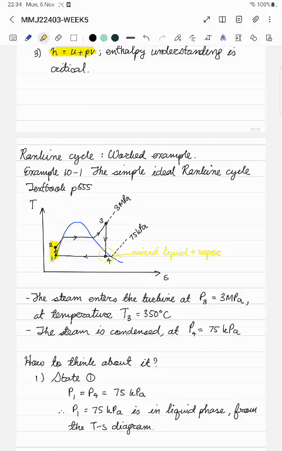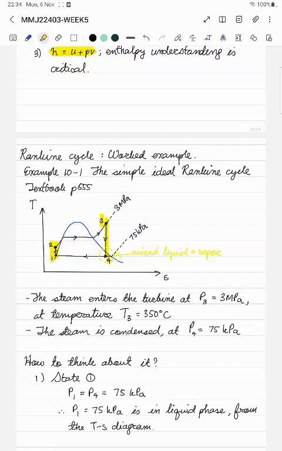It's in the liquid phase, so it's not gas. So you compress the liquid, and then there's a heat addition from 2 to 3. This is where you need to be able to calculate the enthalpy at 2 and 3 by using the tables. And then you have expansion. Again, this is also the part where we revisited the idea of using the table to calculate work done by the turbine.